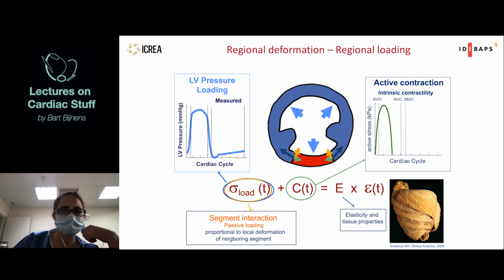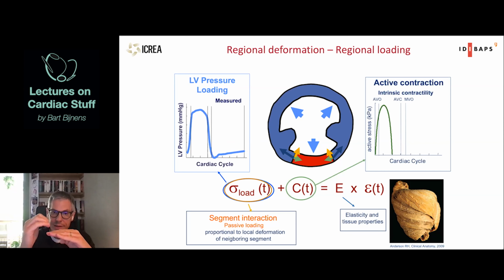At the moment that the cross bridges between actin and myosin are connected, you get a functional stiffening of the tissue. And tissue which has cross bridges unbound or bound will have a very different passive compliance.